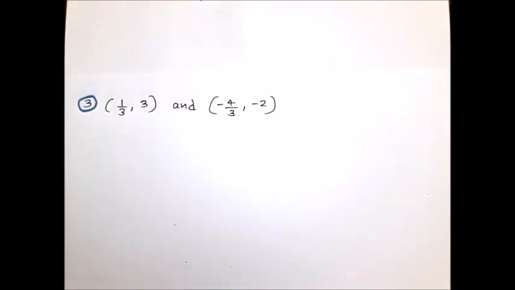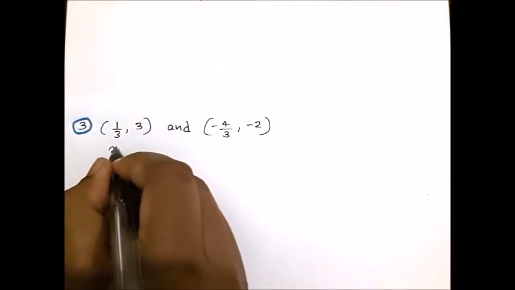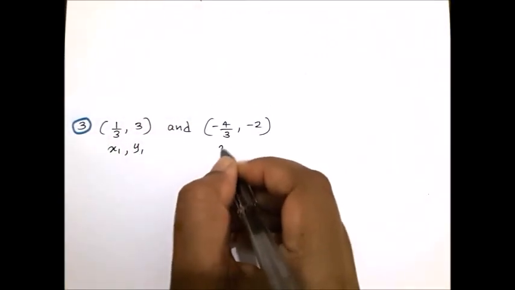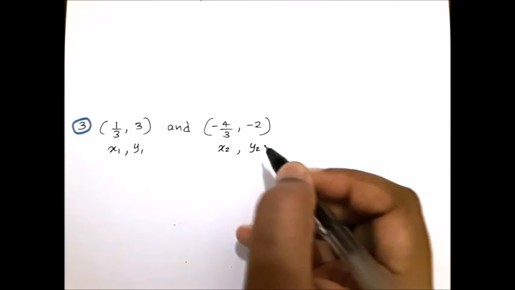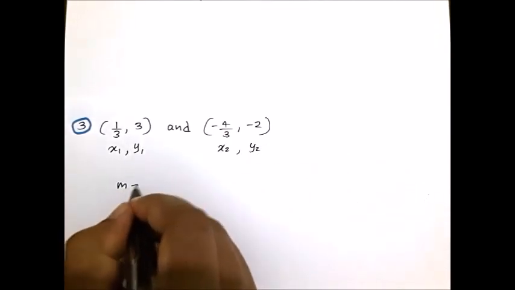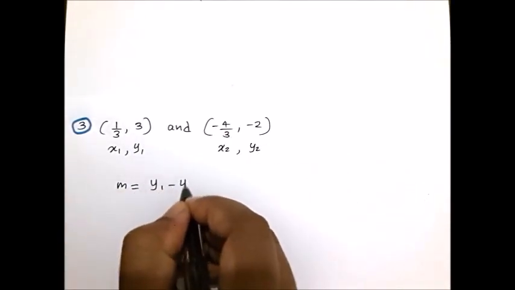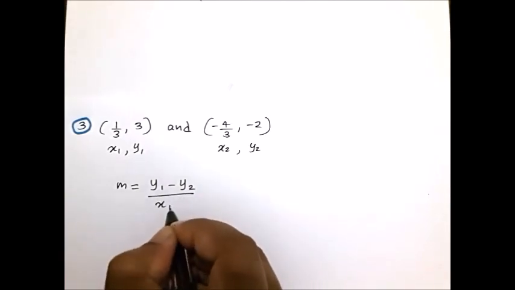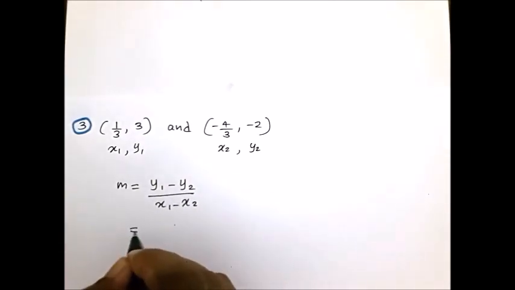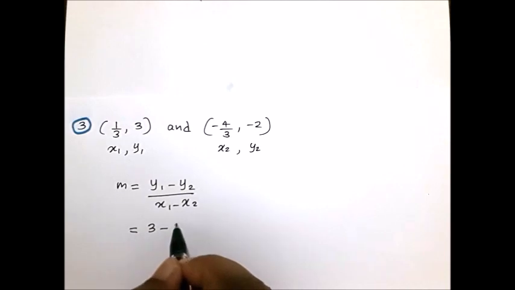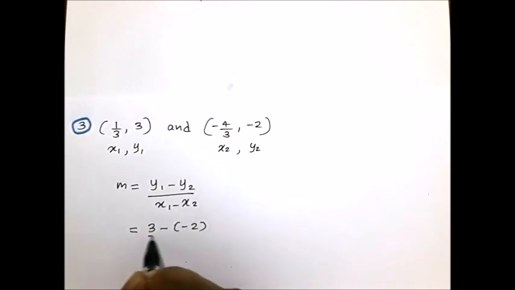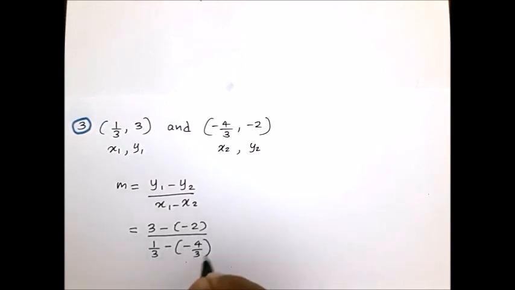Look at the third example. Name these coordinates as x1, y1, x2, y2. Gradient is equal to the difference of y coordinates divided by the difference of x coordinates. y1 is 3, y2 is minus 2, x1 is 1 over 3, x2 is minus 4 over 3.